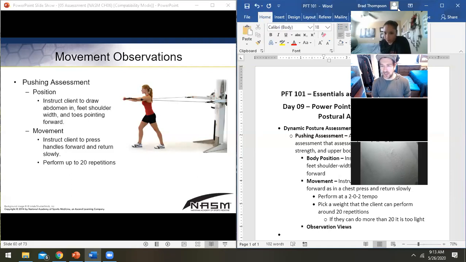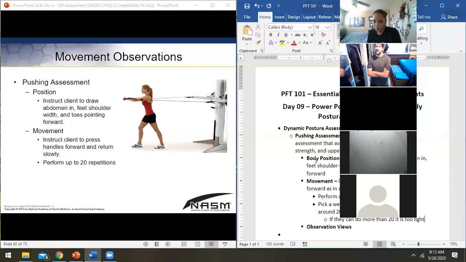And you might be a little surprised when you hear 20, because it's like, man, we definitely didn't do 20 overhead squats. Why are we doing so many on the upper body? Remember, if we go back to our special populations class, what's one of the downfalls of doing high repetitions in the upper body?